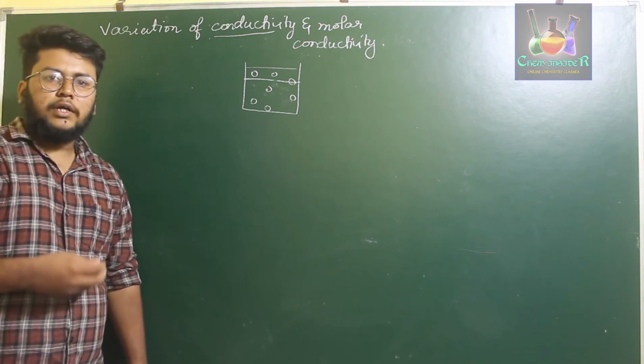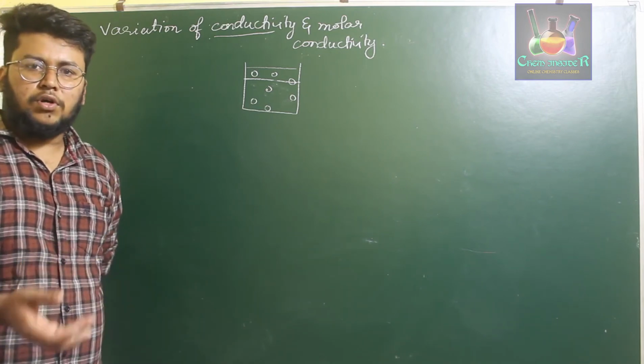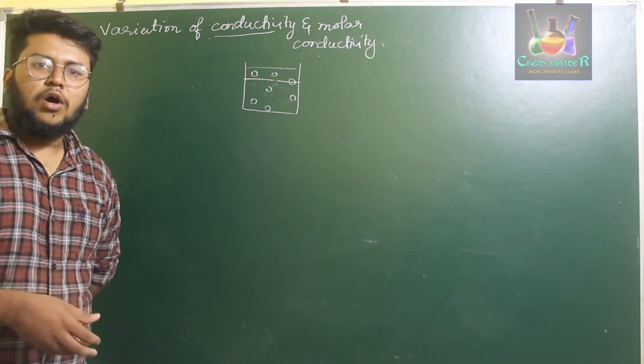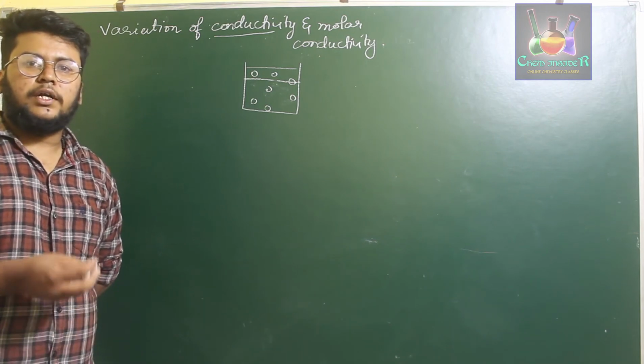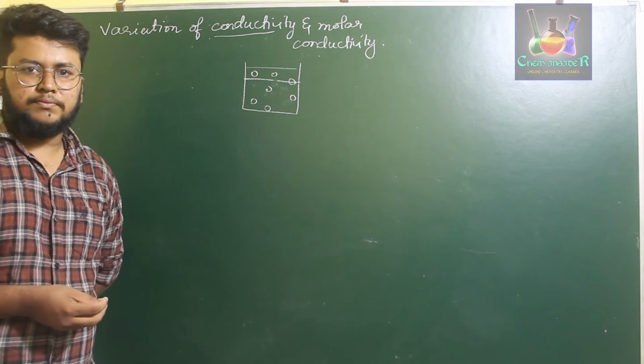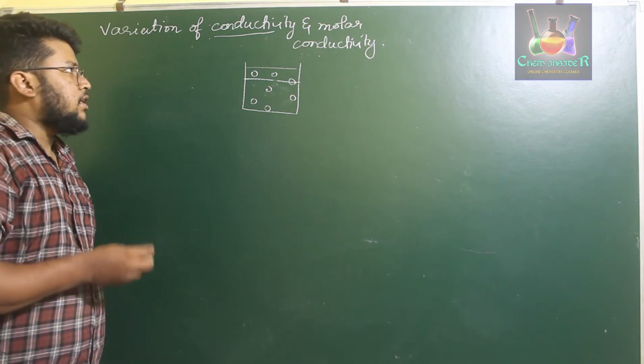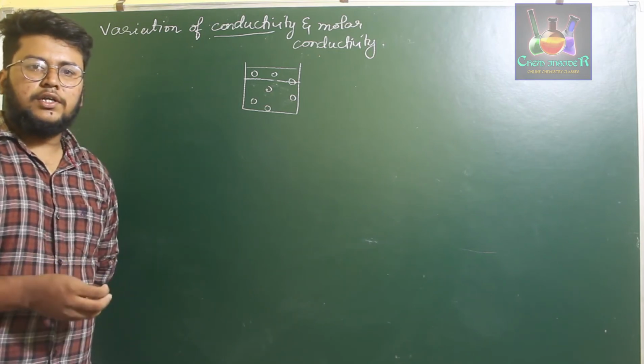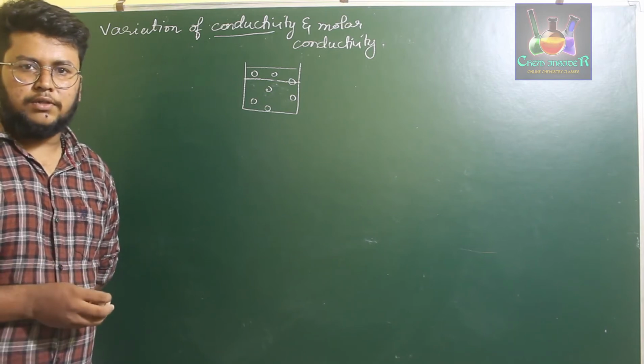Therefore, upon dilution, whether it is a strong electrolyte or a weak electrolyte, we observe its conductivity decreasing. So we can clearly say that conductivity decreases with decrease in concentration.